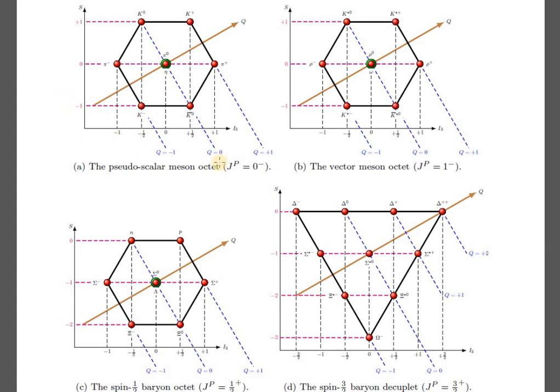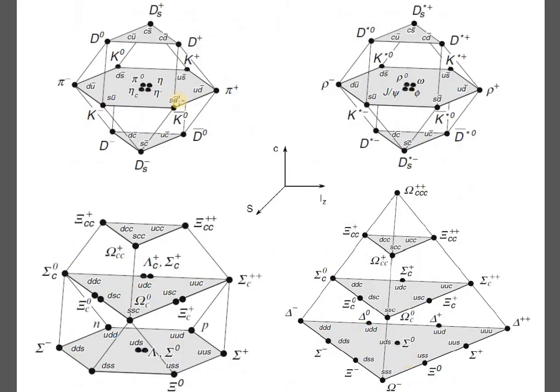And again, for the sake of completeness, I have shown the previous cases of the pseudoscalar meson, pseudovector meson octet, and then the baryon octet and baryon decouplet, and afterwards we get this.